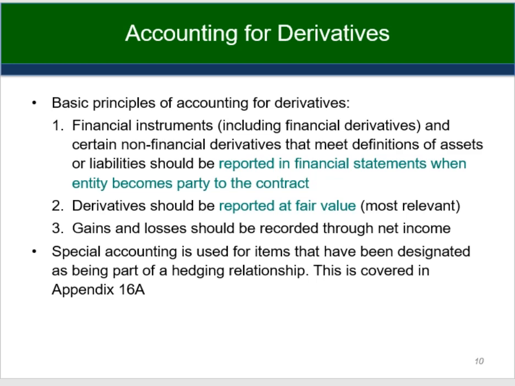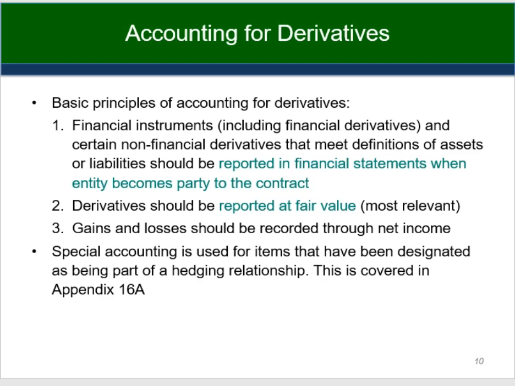So, for example, non-financial derivatives. Derivatives can be either financial or non-financial derivatives. In a contract to buy, say, pork bellies, we've talked about pork bellies. Pork bellies is essentially cooking oil, right, in its unrendered form.